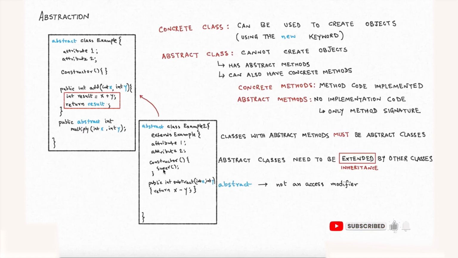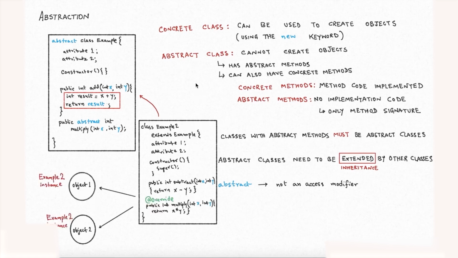And we saw the example of that right here. However, if a child class or a subclass does override the abstract methods of its parent class, then the child class becomes a concrete class. And we can create objects from the concrete class, like so. And we can create objects from this class.